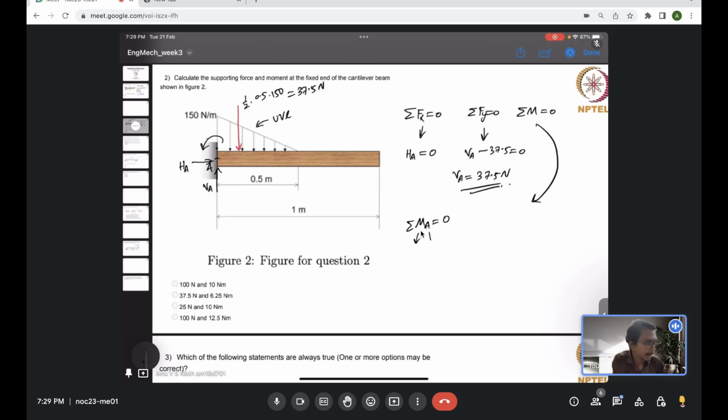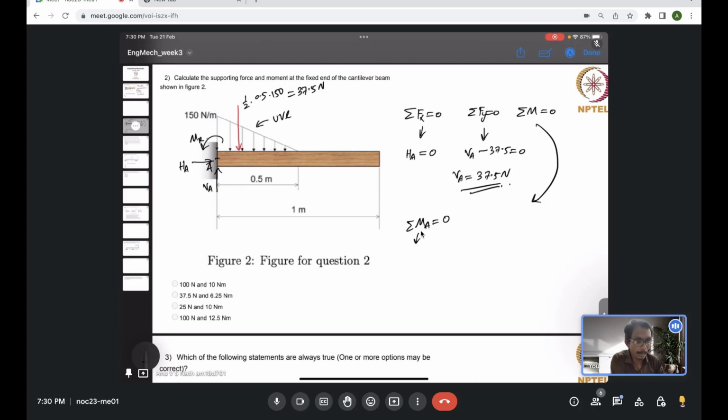So MA here is the moment about point A, and I will use MR to represent the reaction moment at location A. Even though the forces HA and VA are not causing moment about point A, because they pass through point A, the reaction moment MR is acting on point A, so it will still be present there.